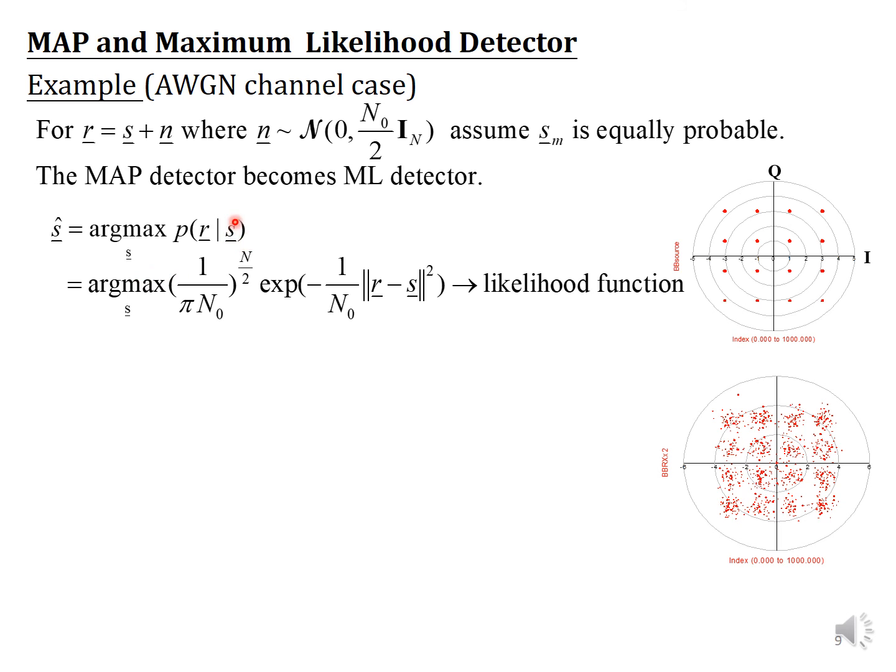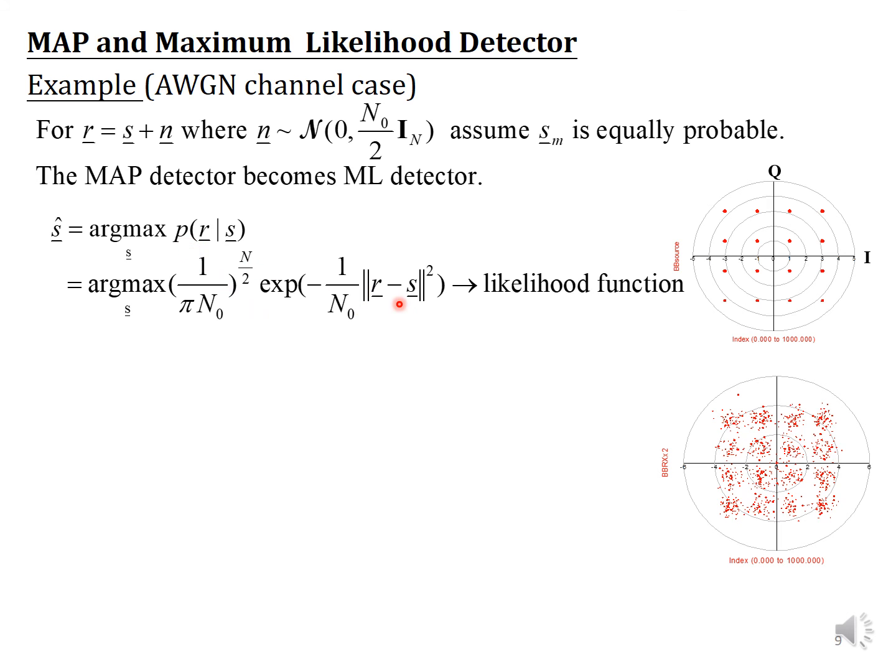Then, given one of the source S, and the received signal, the received signal would be a Gaussian distribution because it's the AWGN channel. So the received signal is a Gaussian distribution with mean value on the transmitted signal.